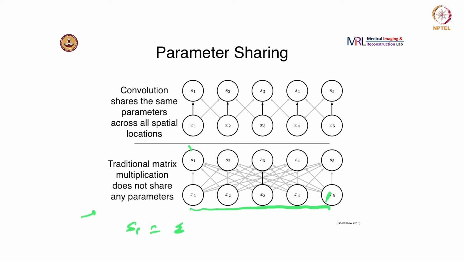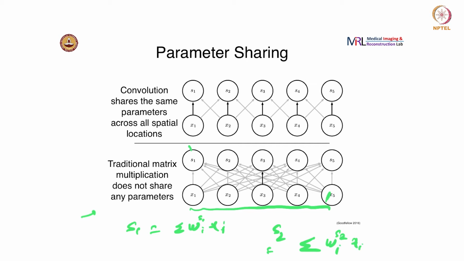S1 is some summation of W_i X_i. And if you look at S2, that is also based on a sum, but if I use a subscript here, S1 uses W_i^{S1}, and S2 is also a linear combination, W_i^{S2} X_i.